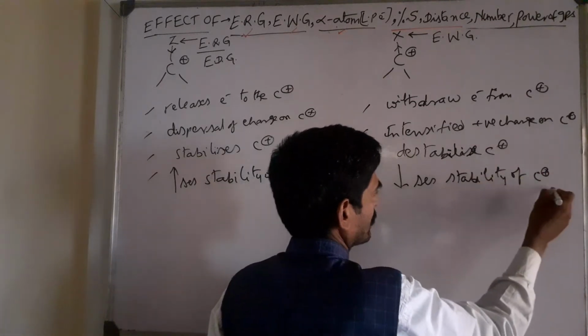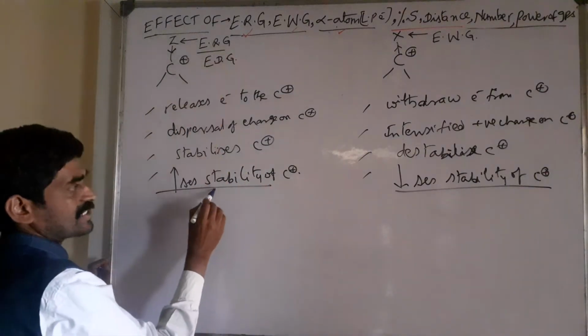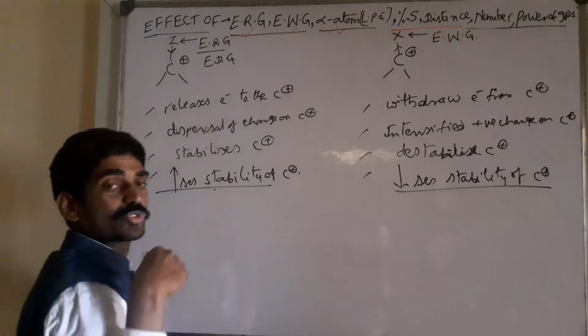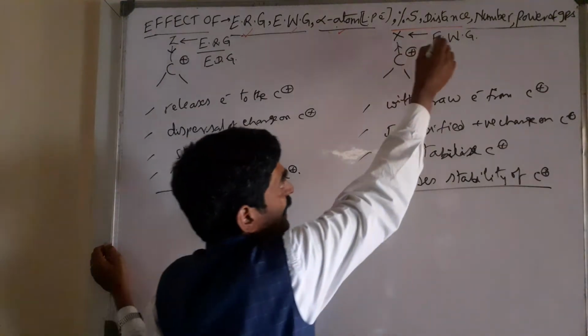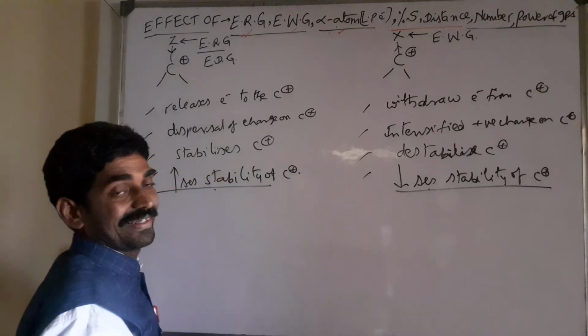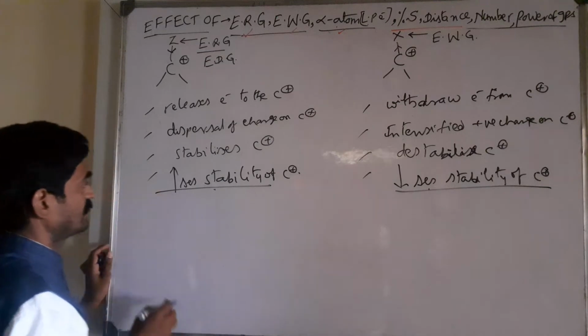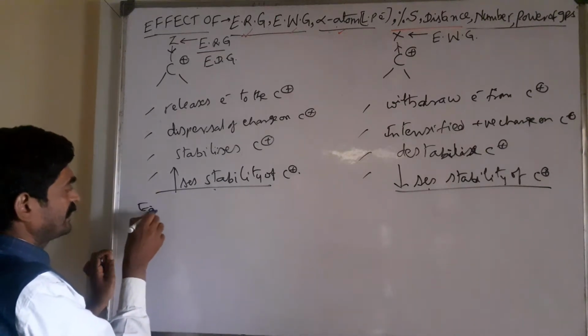Okay, my dear students, got it? An electron releasing group increases stability by releasing electrons to the carbocation. An electron withdrawing group decreases stability by withdrawing electrons from the carbocation. Yeah, is it clear? Now we'll do some examples. We'll get clarity here with examples.